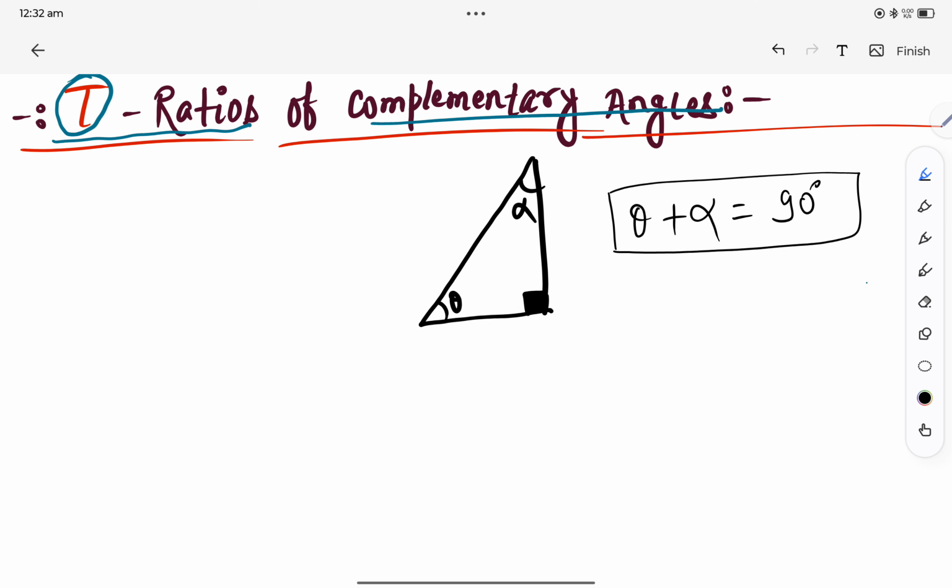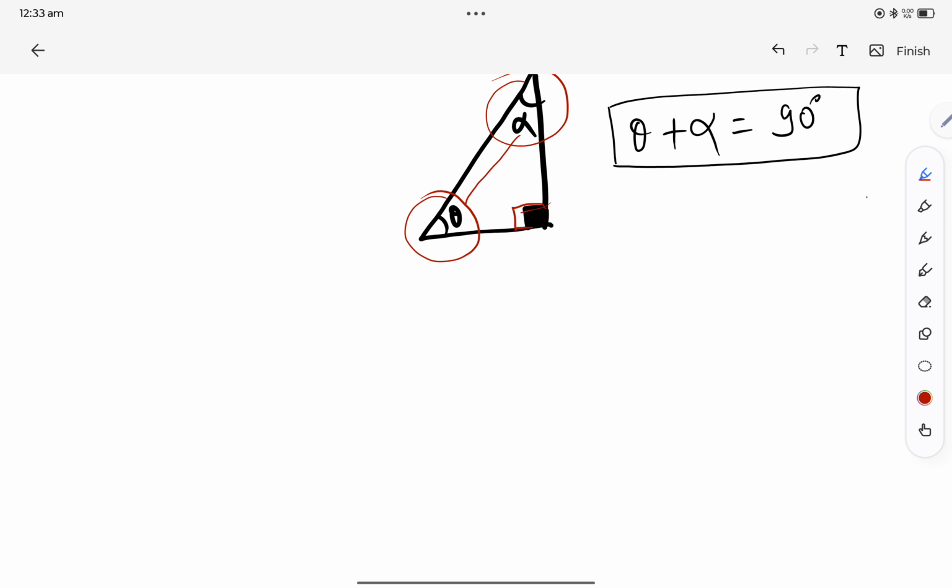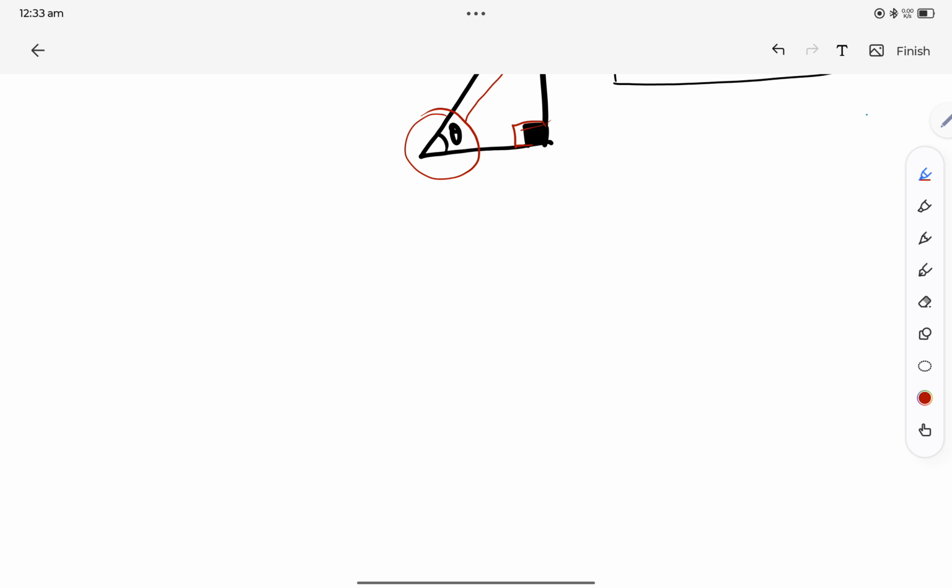So you can see two complementary angles in a right angled triangle, as one of its angles is a right angle and the remaining two angles make 90 degrees. So now let us define trigonometric ratios of these complementary angles. For this, let us consider a right angled triangle.